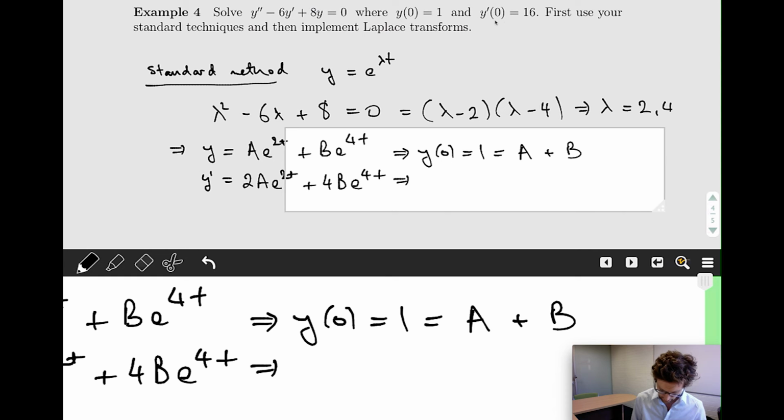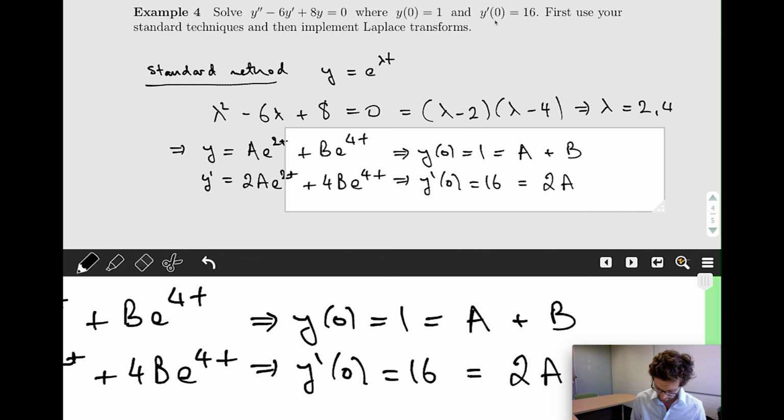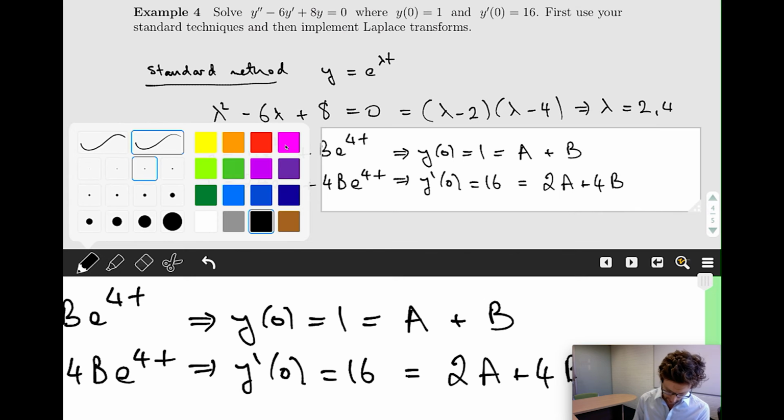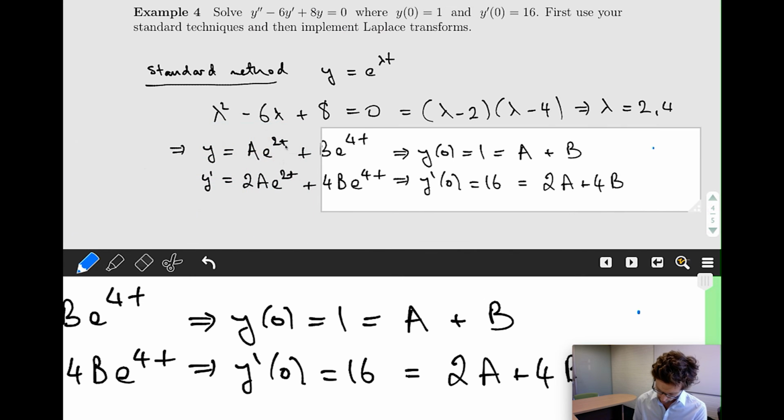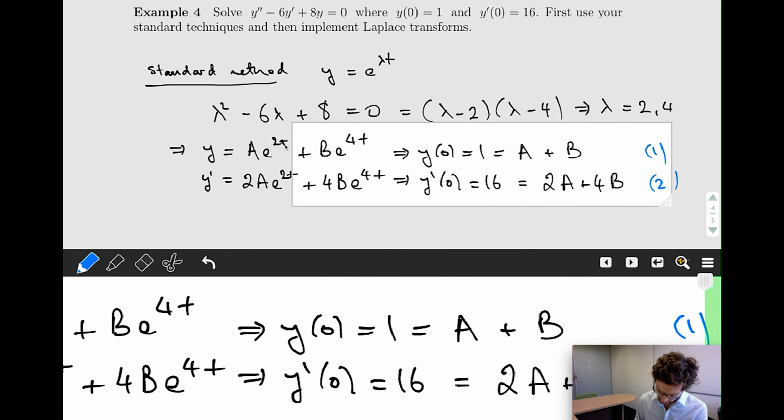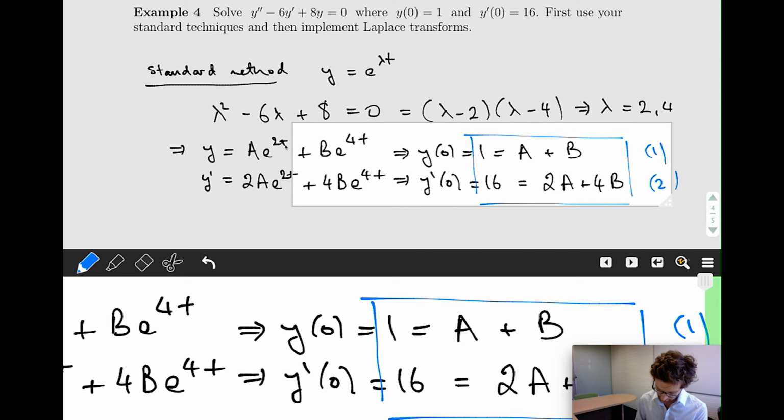And we have that y prime at 0, which we're told is equal to 16, is equal to 2a plus 4b. So I'm just substituting in t is equal to 0 into this expression. Now let's call these equations 1 and 2, and we're going to solve these simultaneous equations for a and b.